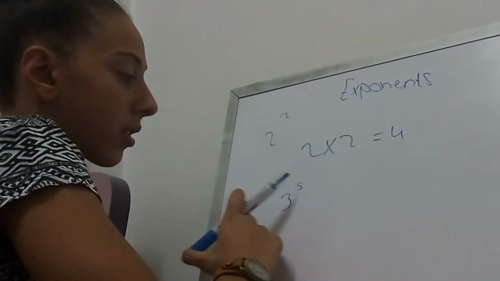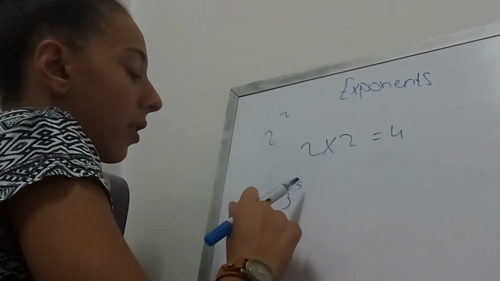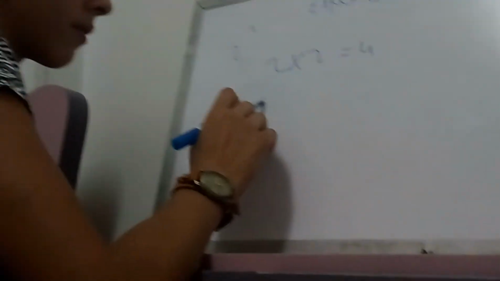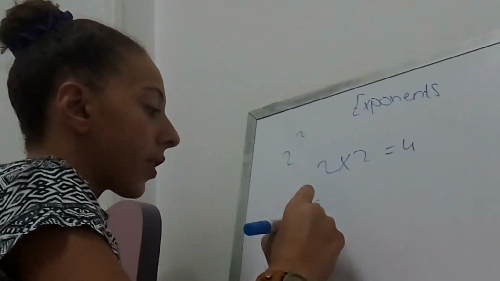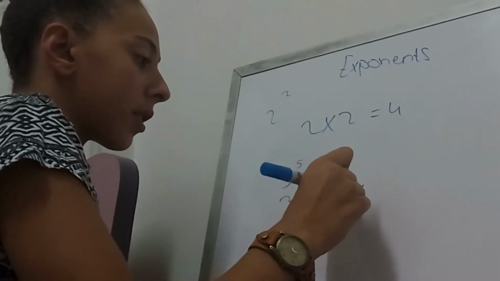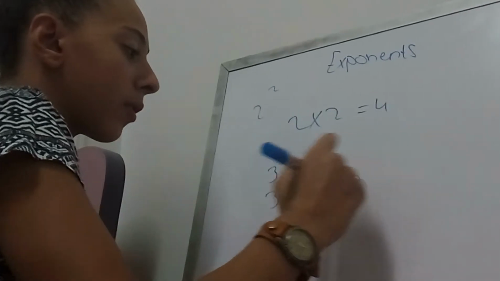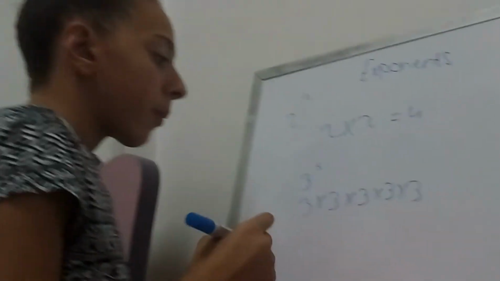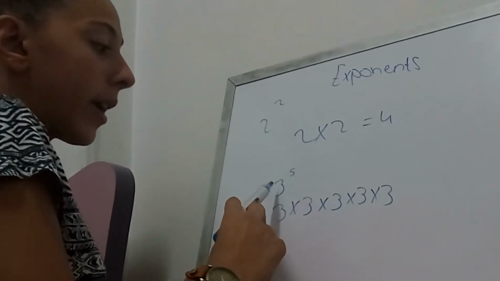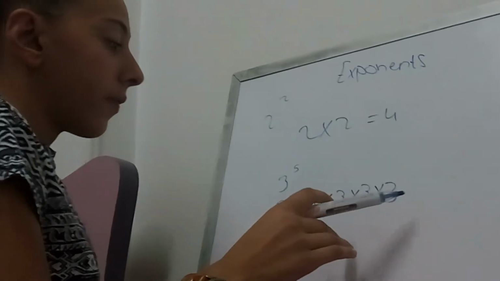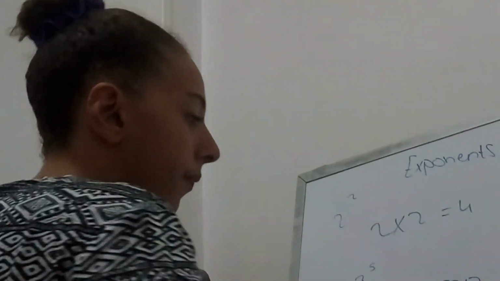Here you have 5, so you do 3 times 3 times 3 times 3 times 3, 1, 2, 3, 4, 5. This is a shorter way to write 3 times 3 times 3 times 3 times 3. Okay? This is how exponents are written.